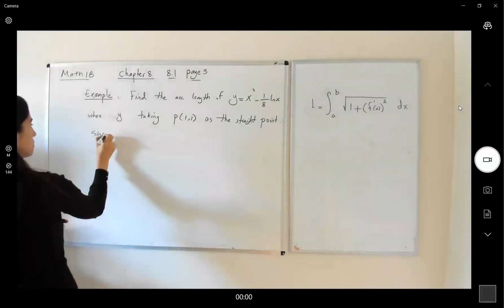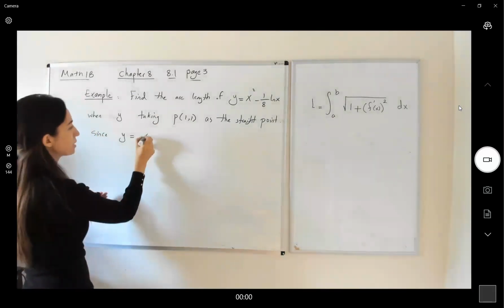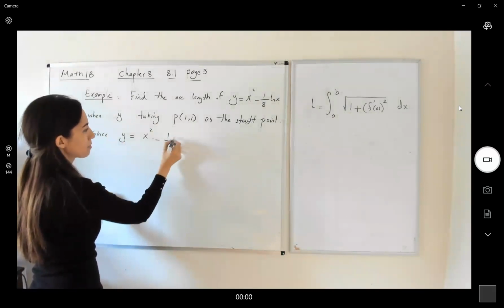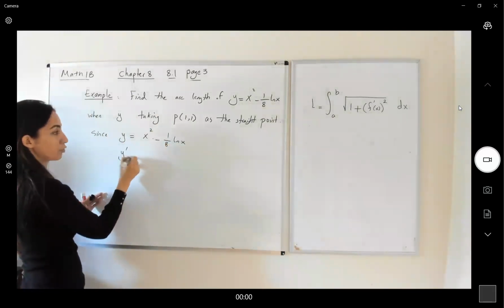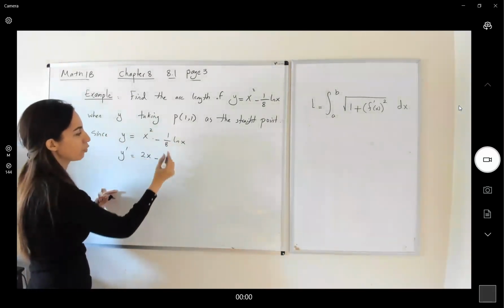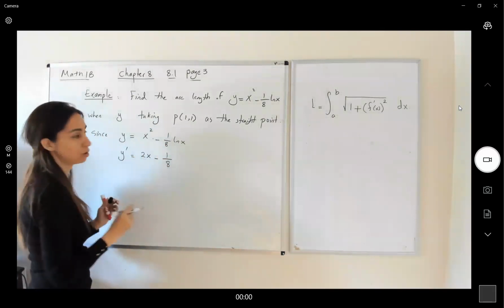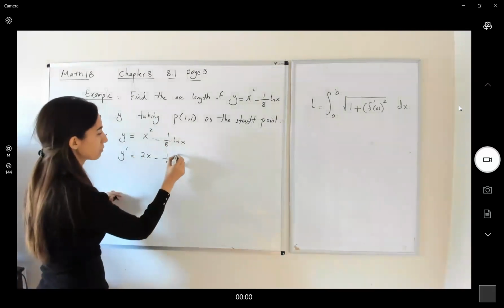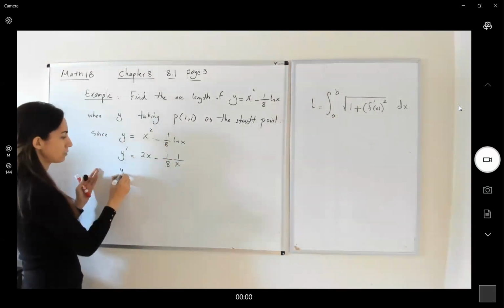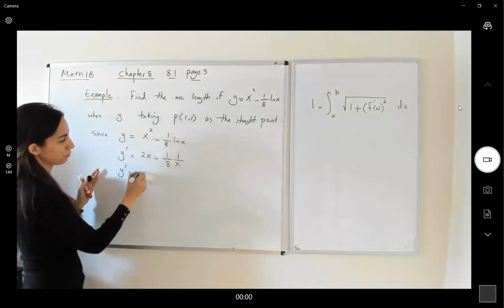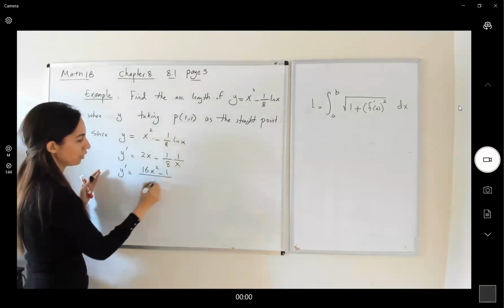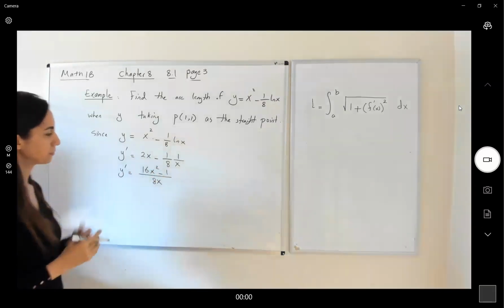Since y is equal to x squared minus 1 over 8 ln of x, the derivative of x squared is 2x, minus 1 over 8 as a coefficient. We copy down the coefficient, and the derivative of ln of x is 1 divided by x. Let's simplify this. Y prime is equal to 16x squared minus 1 divided by 8x.